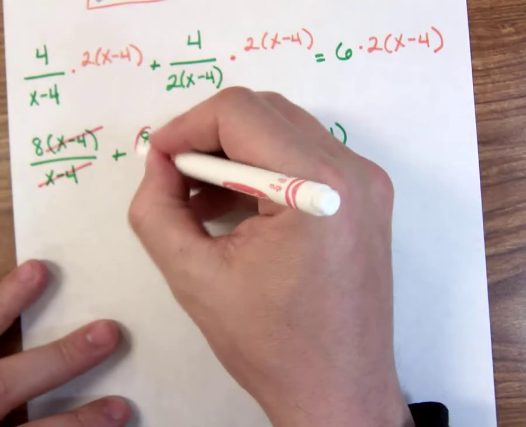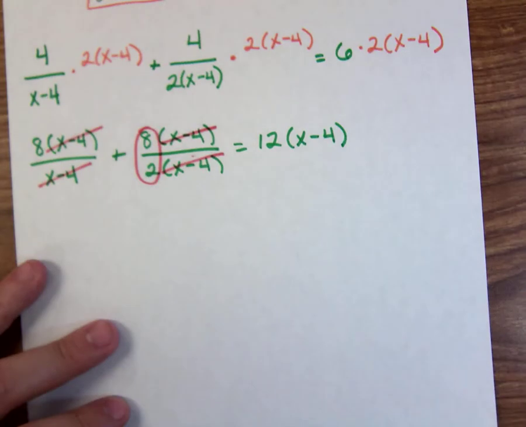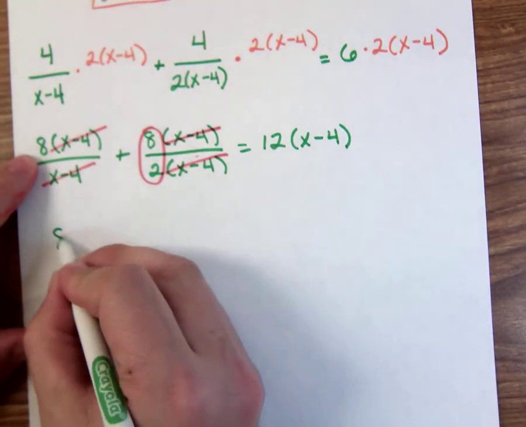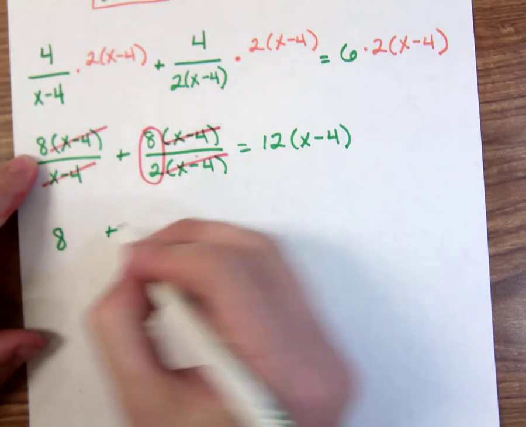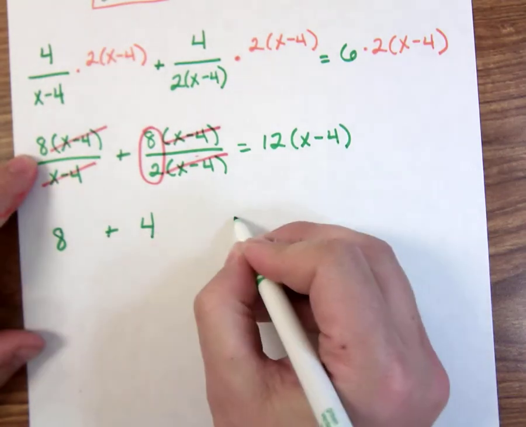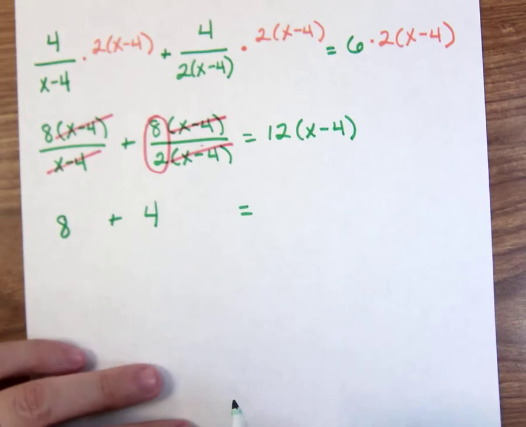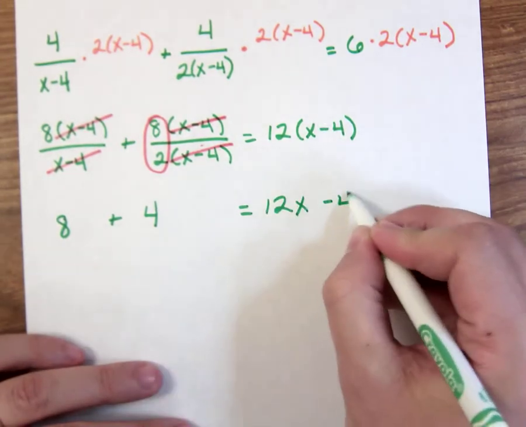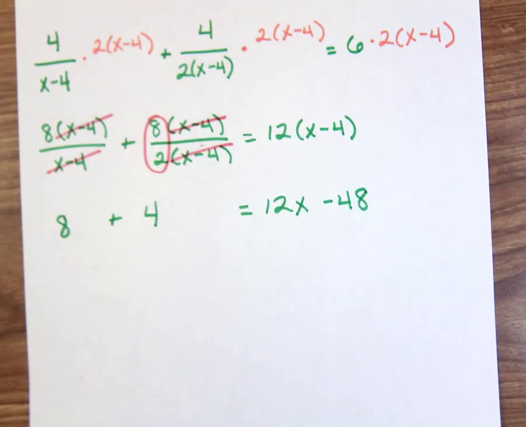And 8 over 2 will reduce. What will it reduce to? 4. So this is going to be 8 plus 4 equals, well, let's go ahead and distribute this, 12x minus 48. And that problem looks very easy. That one's not an issue at all.